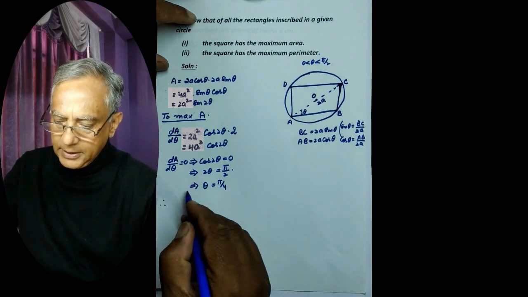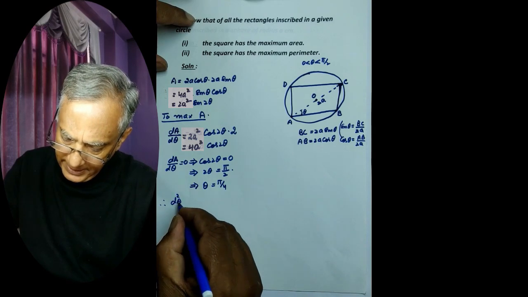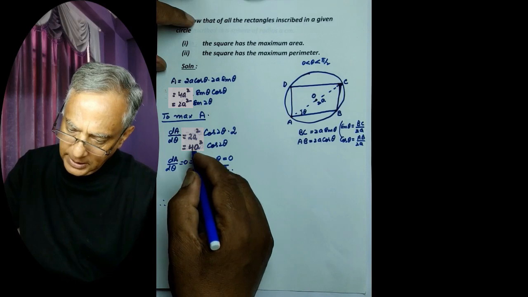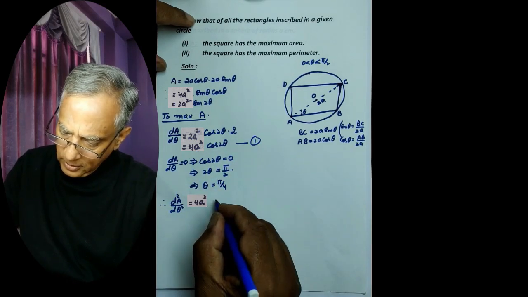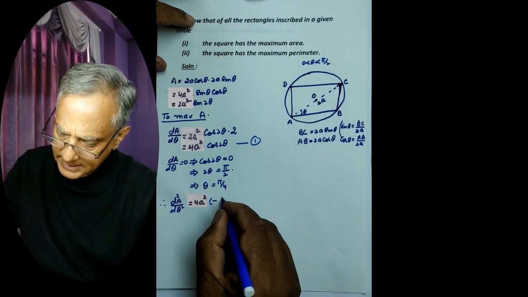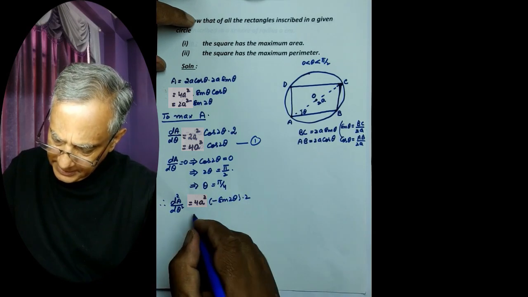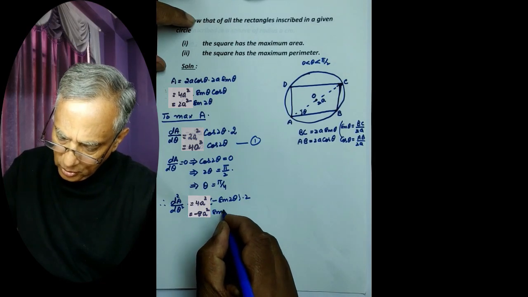Now to check whether this is a point of maximum or minimum, we find d2A by d theta square. From 1, it is 4a square, differential of cos is minus sine 2 theta into 2. That is minus 8a square sine 2 theta.